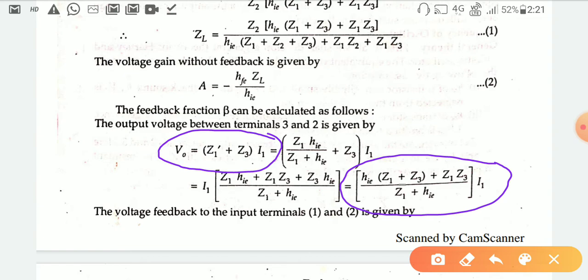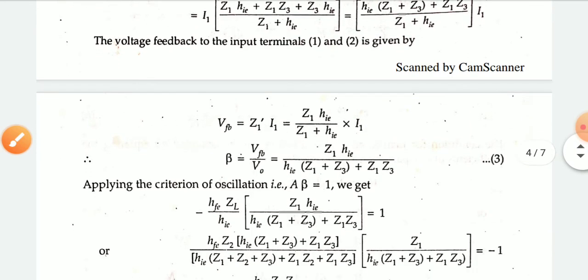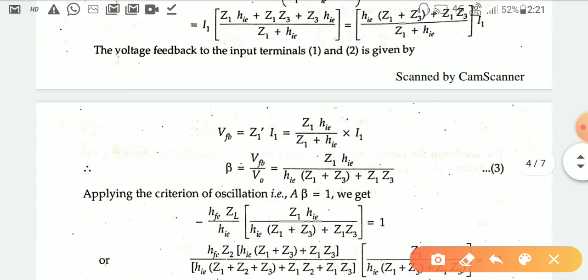So what will be the beta value there? Beta is the feedback voltage VFB divided by the output V0. The feedback input terminal is there, 1 and 2 are given to you. From there the ultimate expression for VFB will be in this form. This is Z1 dash into IP. This is the feedback one, and ultimately the value for beta will be there.